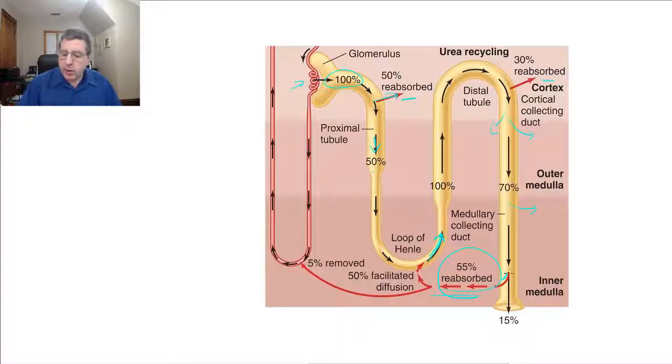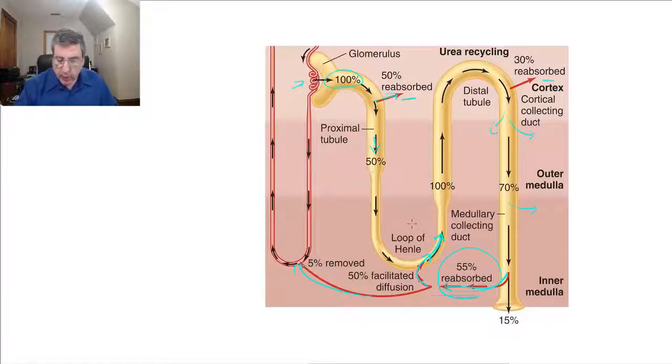The urea from the collecting duct, 55% of that urea is taken out of the collecting duct and reabsorbed. Of this 55%, 50% is brought back into the tubular system. 5% is then taken back to your bloodstream and goes through this process again.